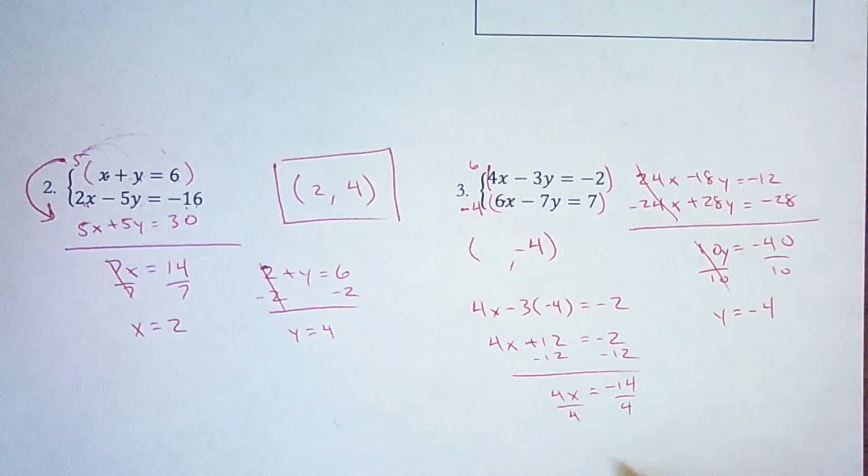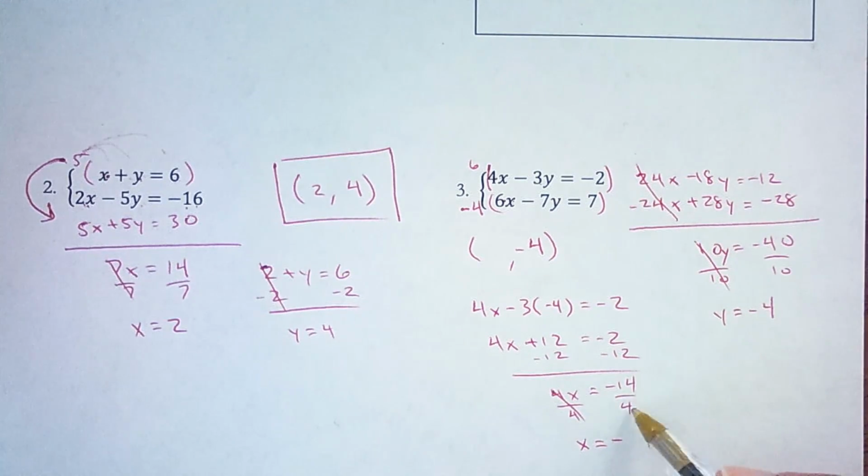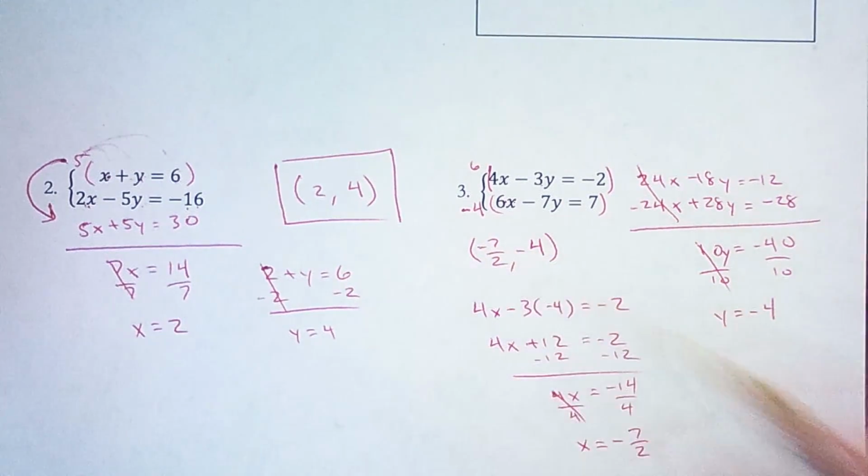Okay, now this is not going to be a whole number, so I can just simplify that fraction. It's going to be negative, and 2 goes into both of these 7 times and 2 times, so negative 7 halves is my x value.